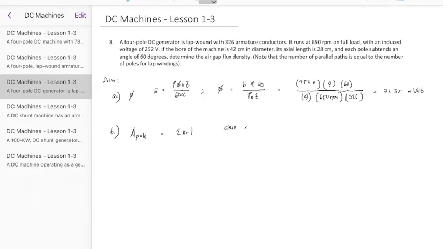Since each pole subtends an angle of 60 degrees, so 360 degrees divided by 60 degrees is equal to 6. So meaning naa tay 6 ka pole faces, which is in contrary sa atong 4-pole DC generator.